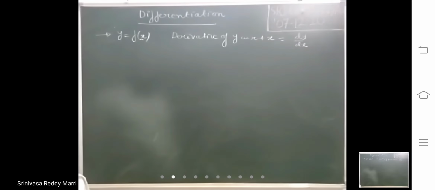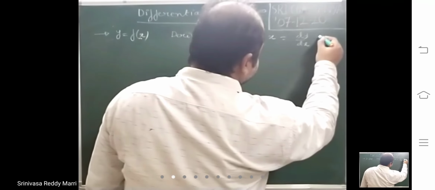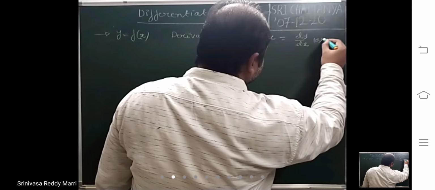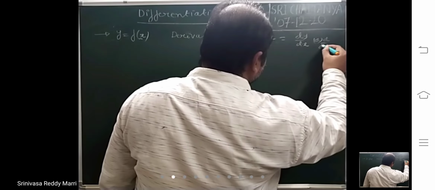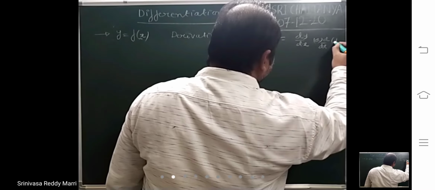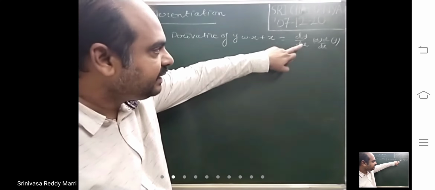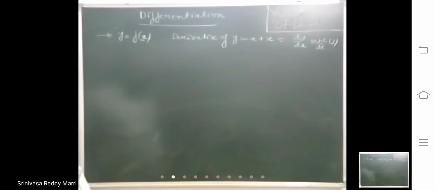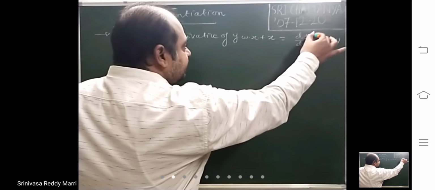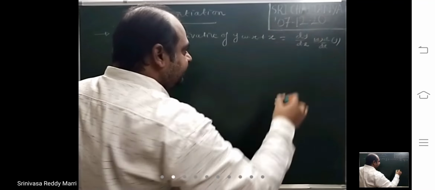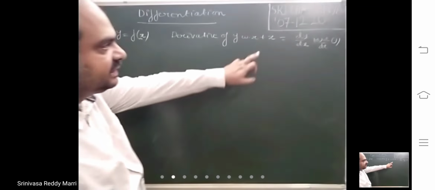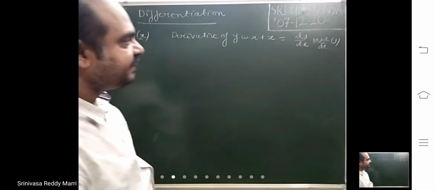This is d by dx of y. This is called dy by dx, the derivative of y with respect to x. The numerator variable is y. The denominator variable is x. That means derivative of y with respect to x.